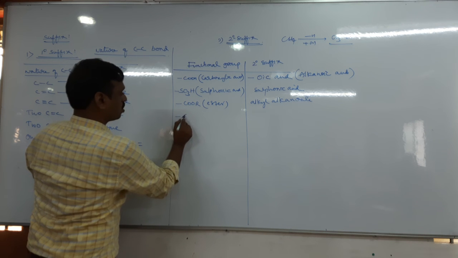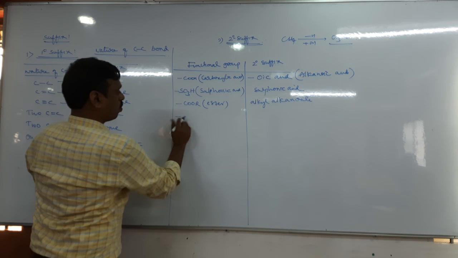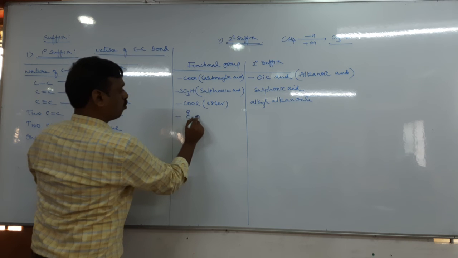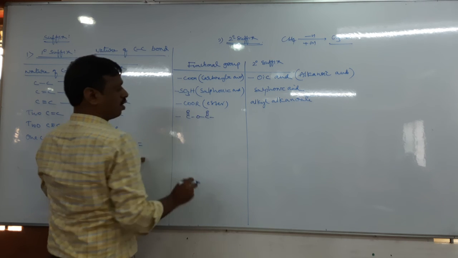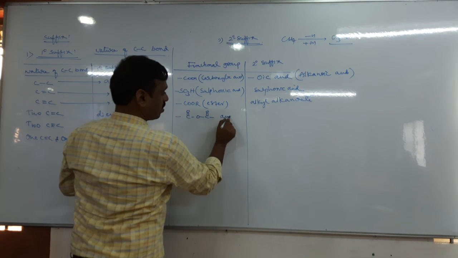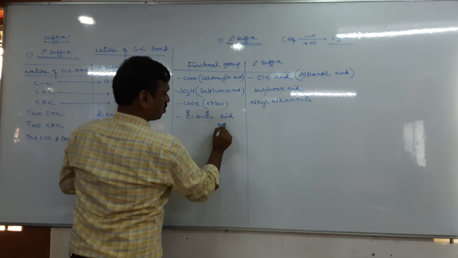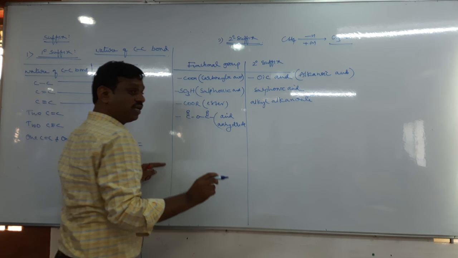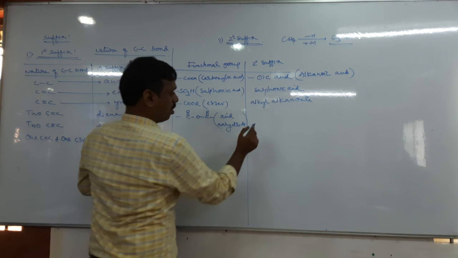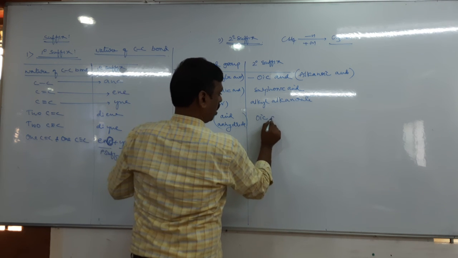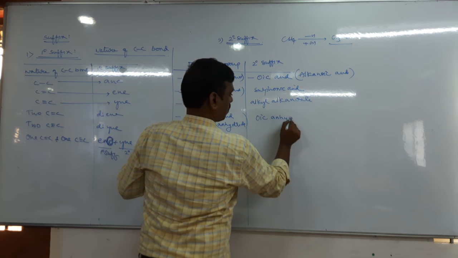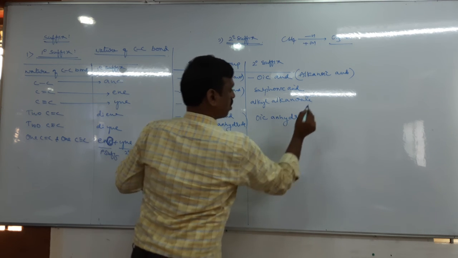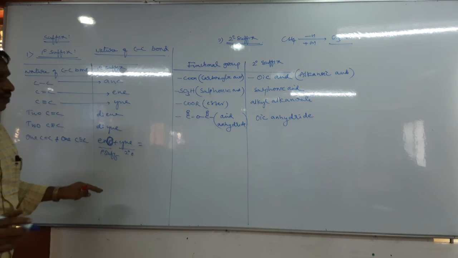If it is C double bond O linked twice, it is acid anhydride, with suffix oic anhydride.